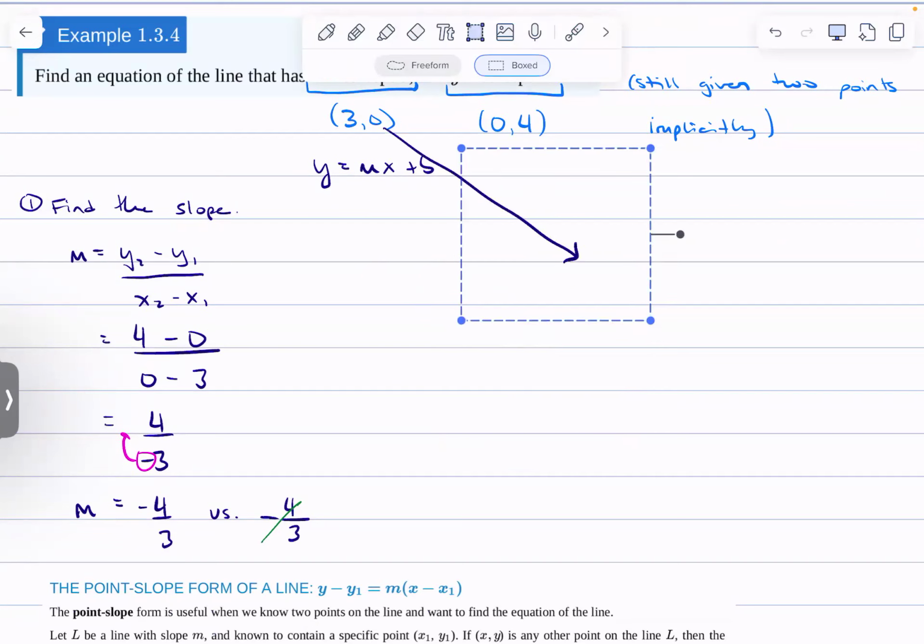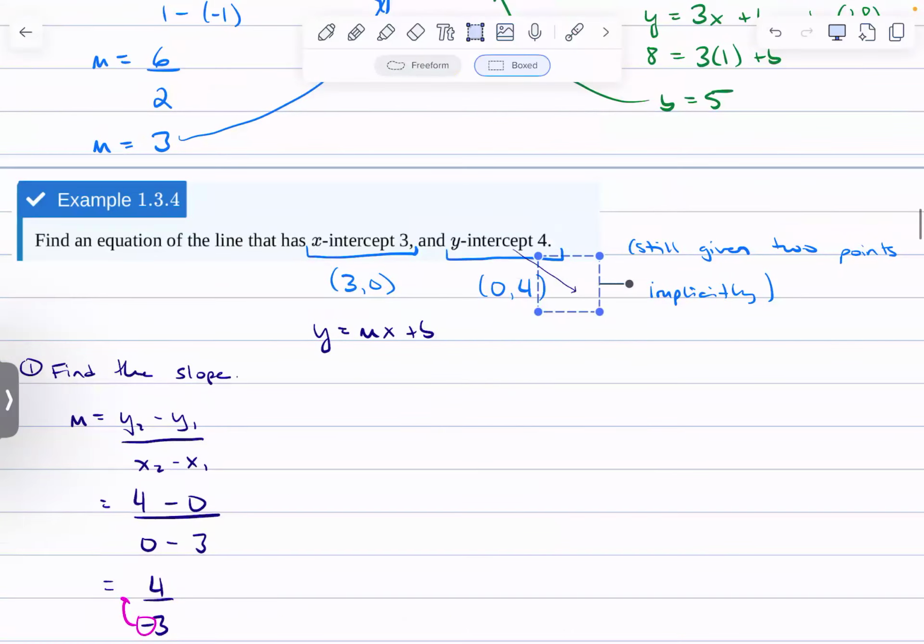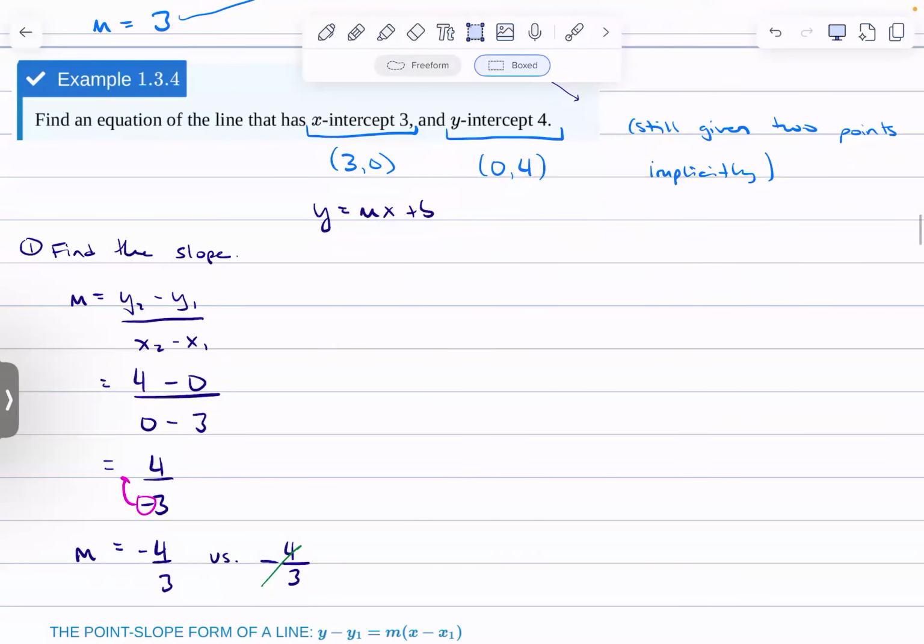It's what we're expecting. If you have a negative relationship, you get a negative slope. Okay. Find the slope.